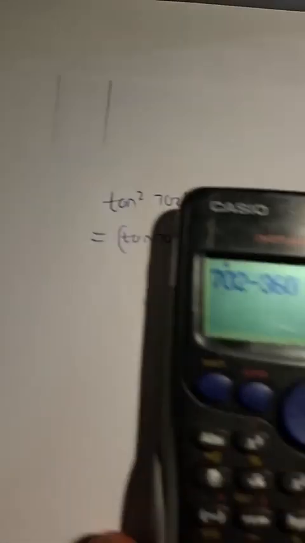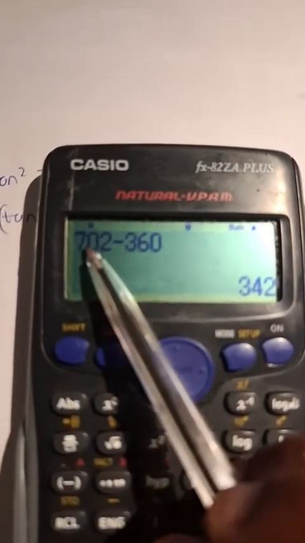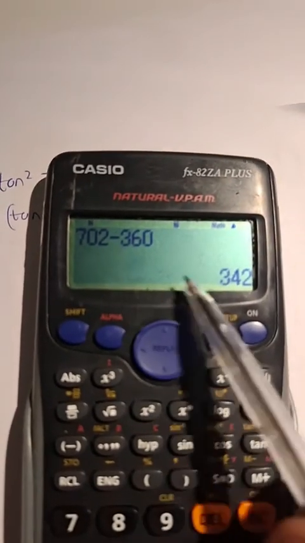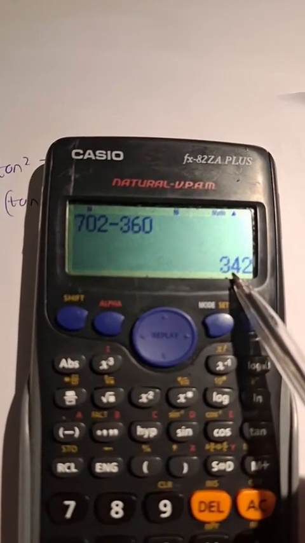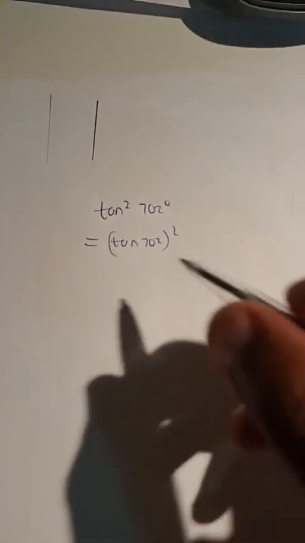Let's do tan squared 702 degrees. Very quickly, we first take out the square so that we deal with tan 702. This is an angle that is greater than 360, so we subtract 360. When we subtract 360 the first time, we get 342 degrees, which is within the interval 0 to 360.